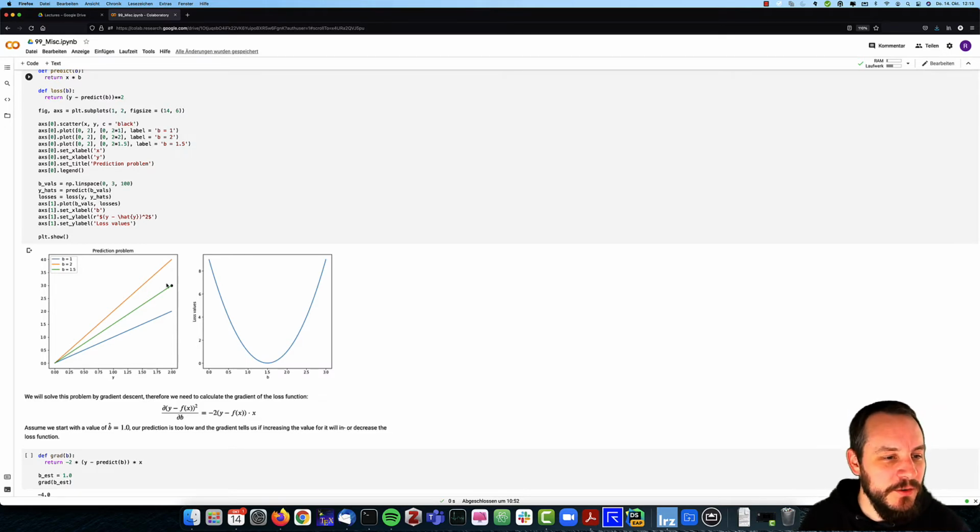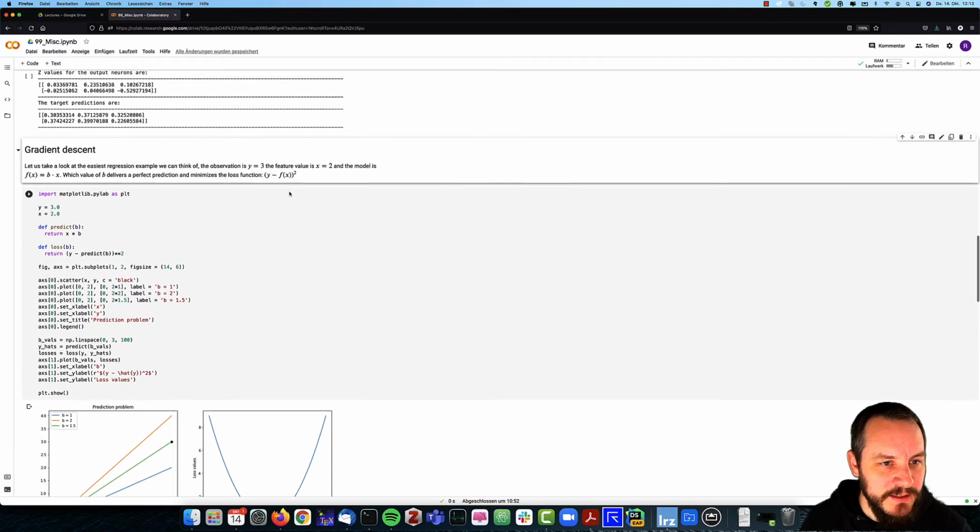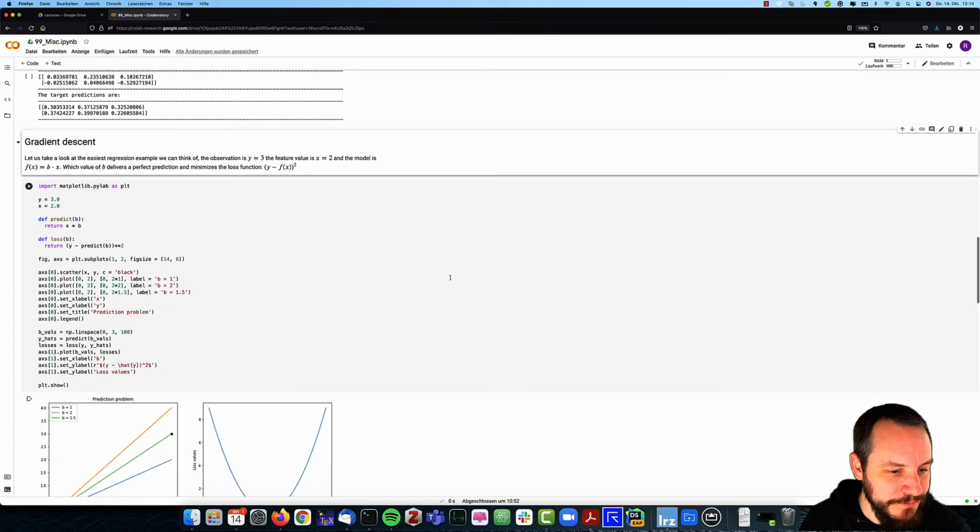Okay, so not a really sophisticated problem, but I think it serves to show you the basic principle of the gradient descent method. So the loss function is, if we set a value of b, then we can calculate the value here. So if we set the value of b to 1, then our prediction is 1 times 2, so it is 2, and we have 3 minus 2, and it's 1, and even stays 1 if we square its value.